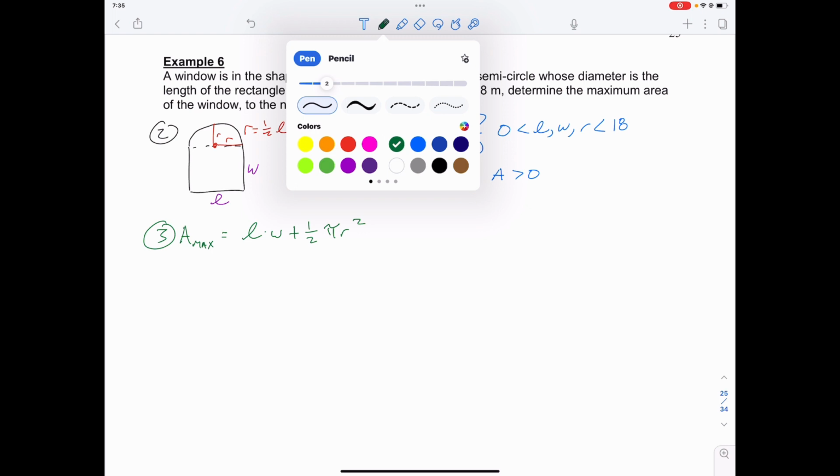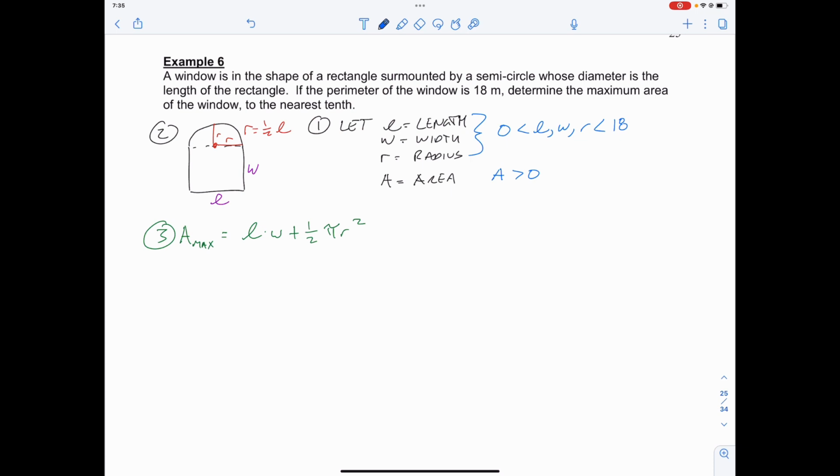Now, we already know that the radius is half the length, and we know that the perimeter going around this is going to be one length, two widths, and half a circle, or pi times 1/2 the length.